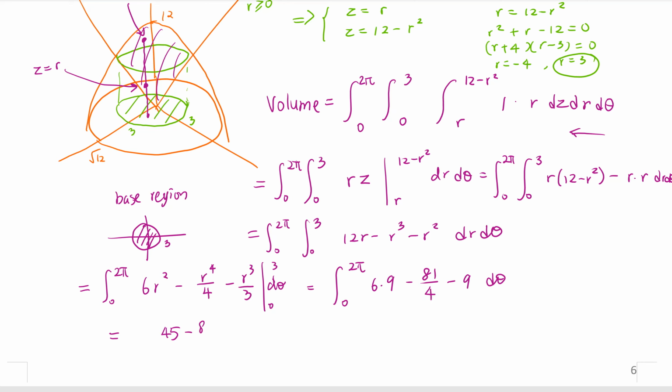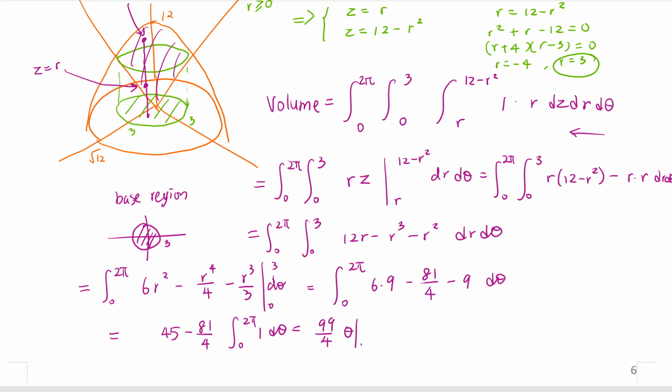And then we have the integral of 1 d theta. It's just theta. Okay? So what is 45 minus 81 over 4? Let me use my calculator. You can also plug this in your calculator and check your work to see whether we have the same answer. So I got 99 over 4.